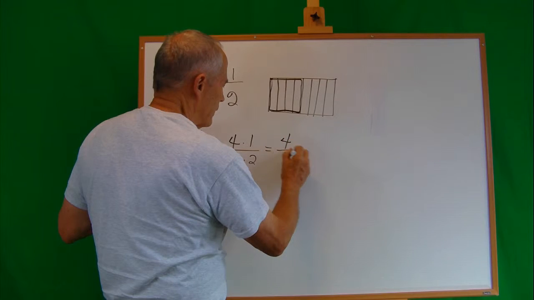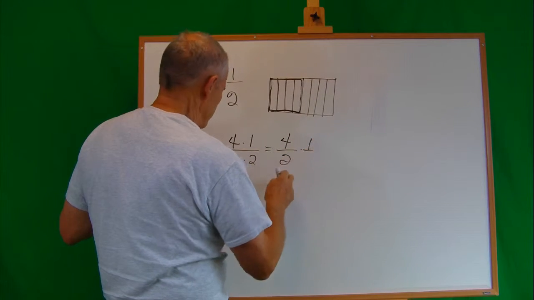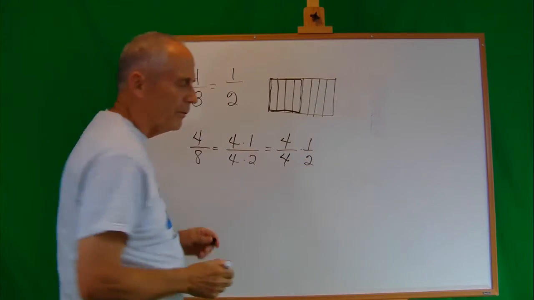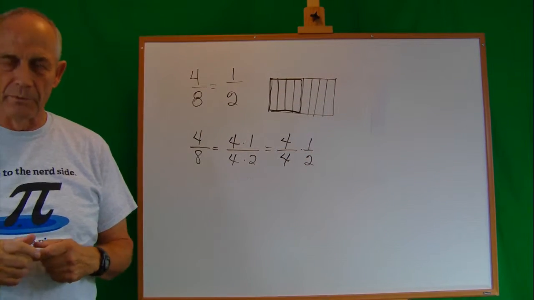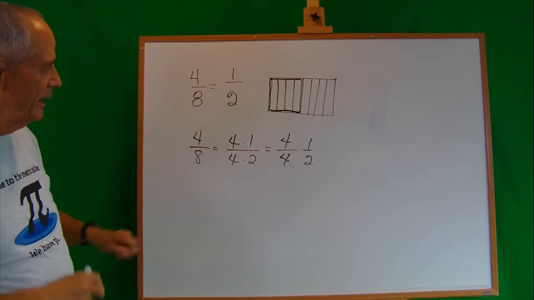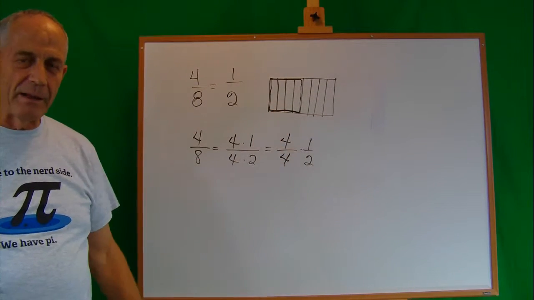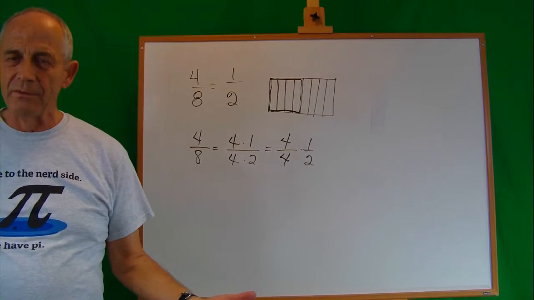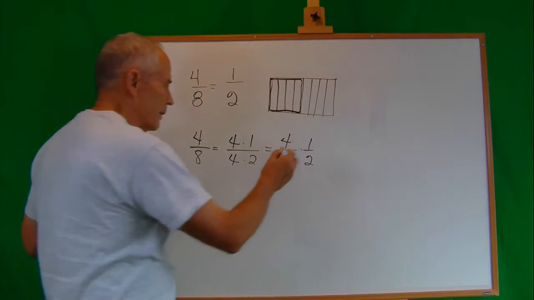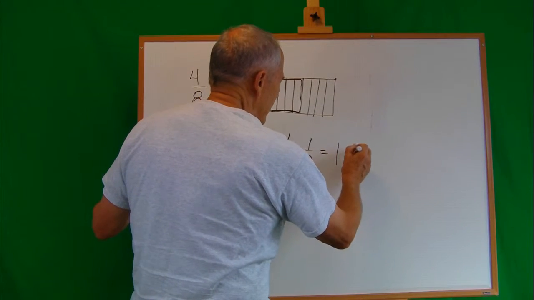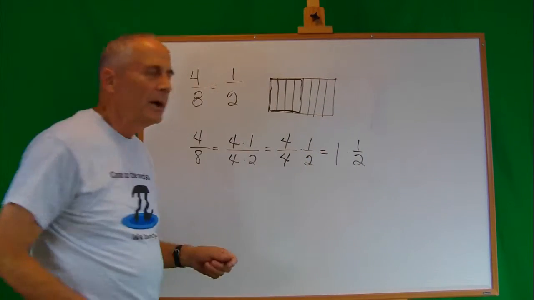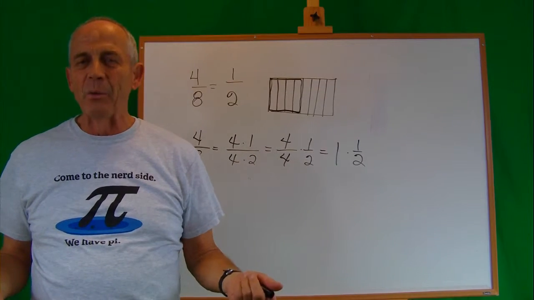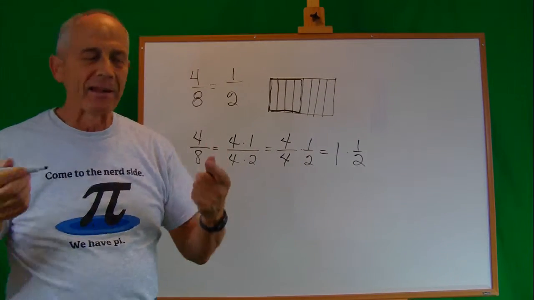And I'm going to have 4 over 4 times 1 over 2. But what's any number divided by itself? We just talked about multiplication. What is any number divided by itself? Okay, it's 1. So now I've got 1 times 1/2. But what do we get when we multiply any number by 1? That same number.